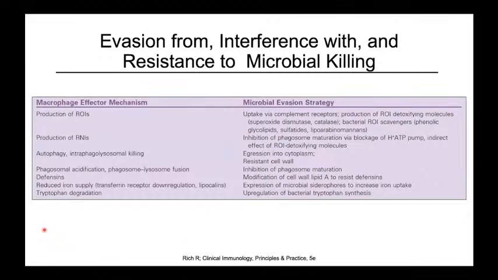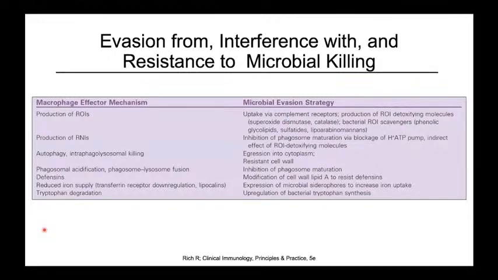Okay, so how do these intracellular bacteria evade the immune effector mechanisms? One way: remember, most of these tend to infect the cells of the mononuclear phagocyte system. But these cells are phagocytes, okay?